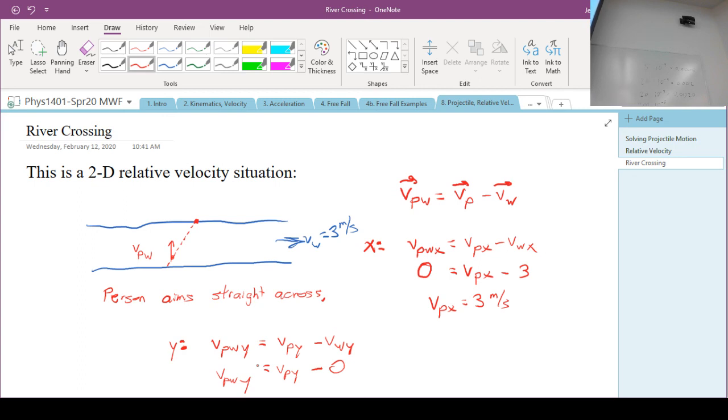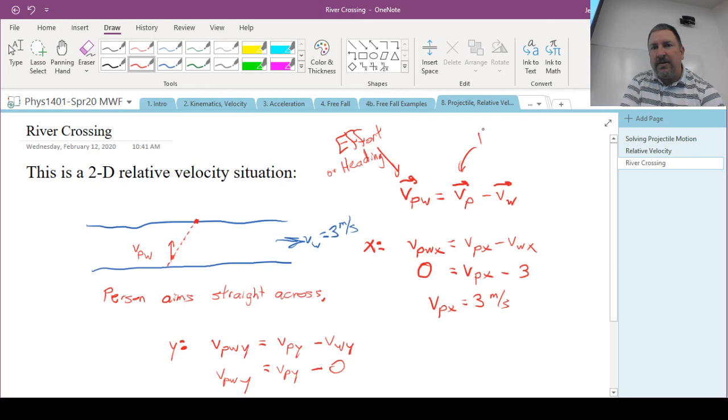So their y direction velocity is the same whether we think about the relative velocity, which is their effort, or the actual velocity, which is their progress in the real world. So just remember that this one is effort or heading, if that word means something to you. This is ground progress or bearing.